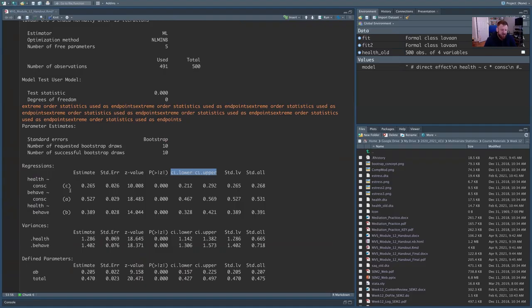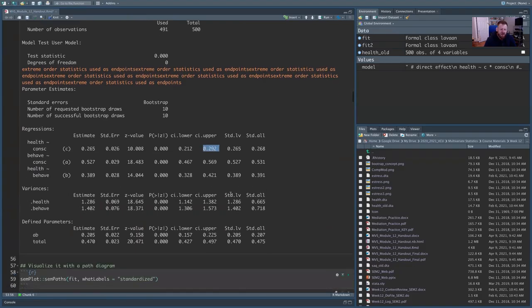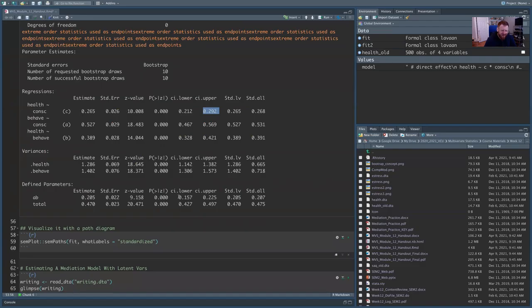So for each estimate, here's for example, the direct effect of conscientiousness on health. Here is the lower limit of the 95% confidence interval. Here is the upper limit. And so to evaluate the bootstrapped indirect effect, we come all the way down here and we're looking at that. So that is the lower and upper limit of the 95% confidence interval for the indirect effect, which is AB, and it does not contain 0.